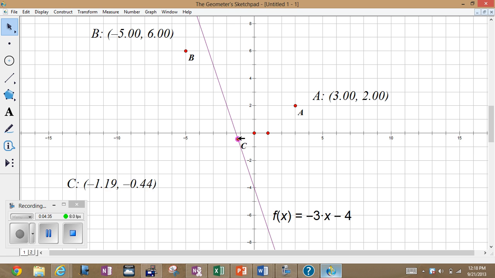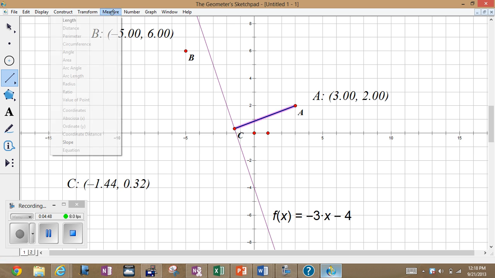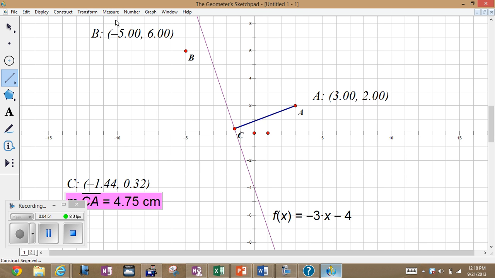So there's a couple ways in which we can do that. So I could simply construct a segment drawn from this point to A, measure its length, and likewise construct a segment from that point to B, and measure its length and see when they're going to be equal.